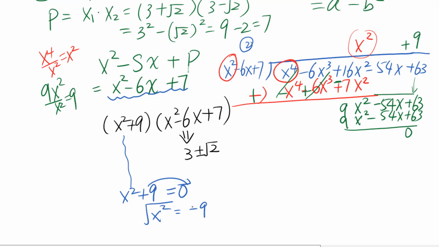Then take the square root of both sides. x equals plus and minus; square root of 9 will be 3, and the negative sign will be i. In this way, we have figured out all the roots for this polynomial function. That is x equals plus or minus 3i and also 3 plus or minus square root of 2.